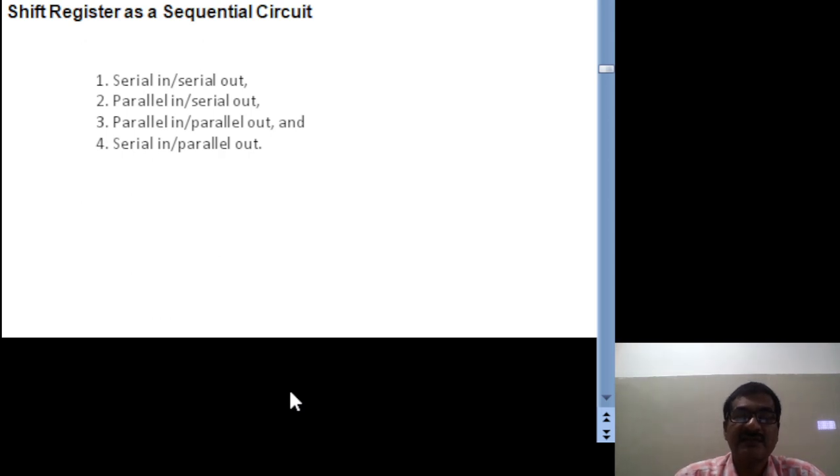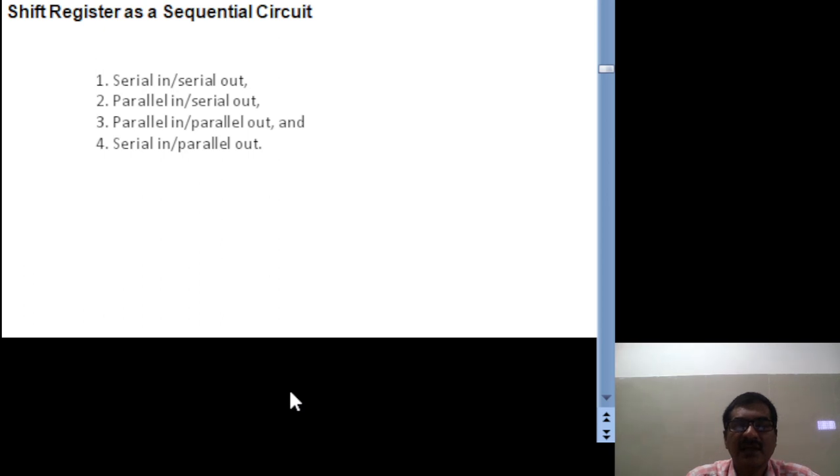First, in the serial in, serial out model, only one bit can be placed in the register per clock, and similarly one bit can be extracted from the register per clock signal. For every clock pulse, only one bit is loaded into or extracted from the register. That is the meaning of serial in, serial out.